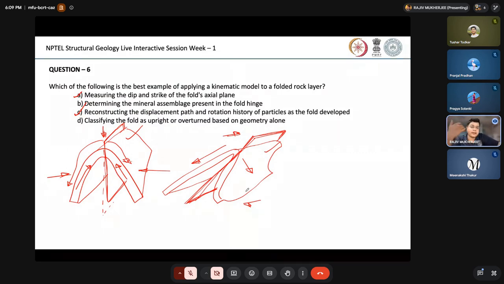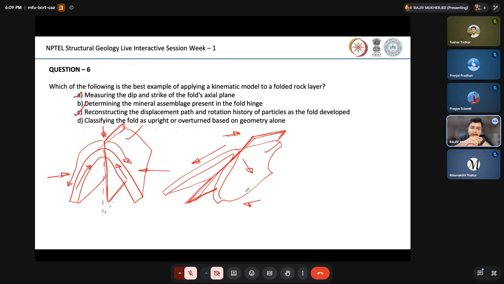Because whether a fold is upright or overturned does not influence the measurement of the displacement path of the particles. To draw the displacement path of a particle, you don't need to know whether the fold is upright, overturned or neutral.